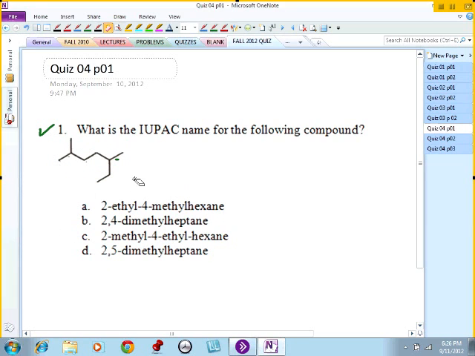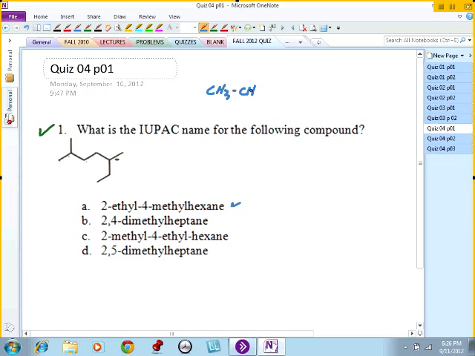Let us start with the first one, A, 2-ethyl-4-methyl-hexane. I said 2 of the names are wrong, so you need to let me know which one is wrong. What would be the base name for this one? Hexane. Okay, so let us draw this here.